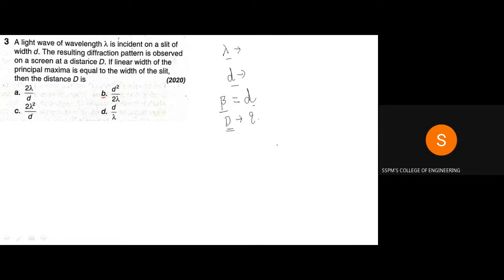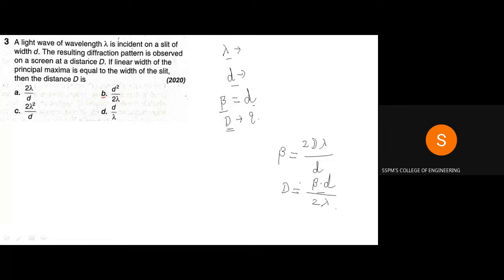If you are remembering, linear width beta equals 2D lambda upon d. Therefore, D equals beta into d upon 2 lambda.